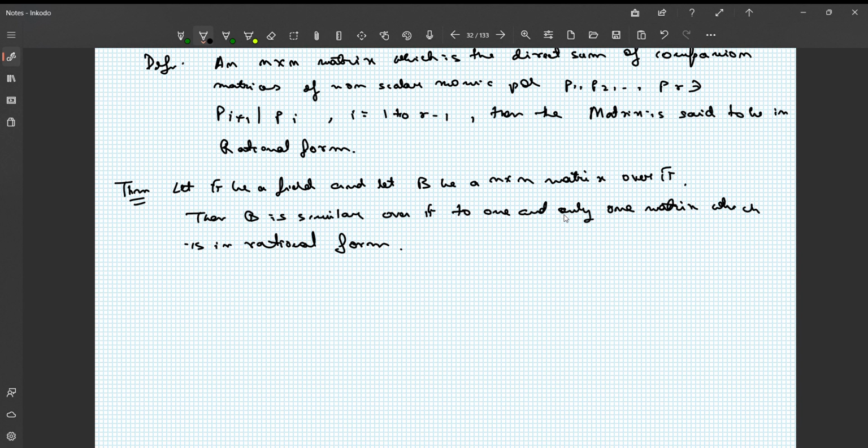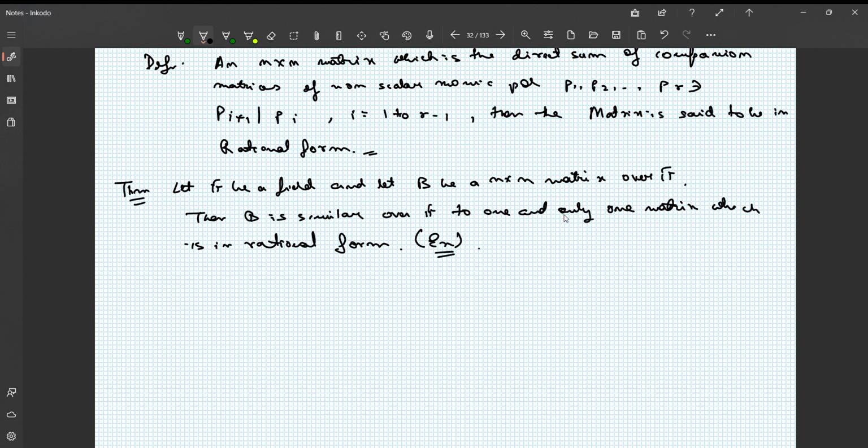You can choose another representation of B in rational form, but that would imply existence of another set of vectors and another set of T annihilators for the cyclic decomposition theorem. By the uniqueness they should be the same, and hence the two rational forms should be the same. Clear?